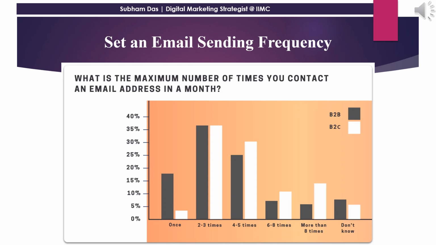If you are sending very rarely, then you risk people forgetting about your brand for some time before they get another of your emails. So you decide on the email sending frequency at the very onset while you are building your email list. That is very important to do first up.